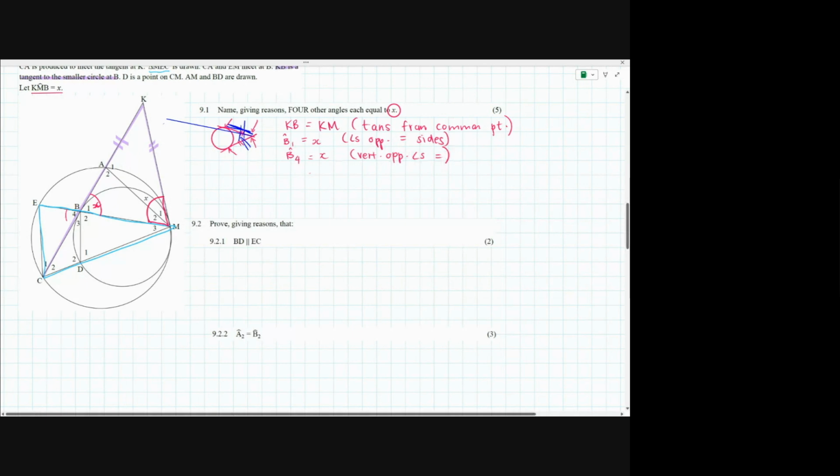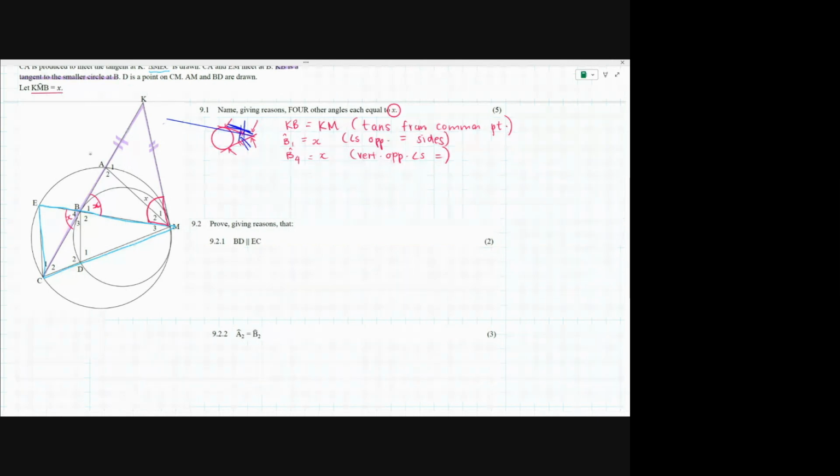Okay. And now this is where your tangents come back into play. We need to think of our tan chord theorem. Now, I'm going to be honest, I sometimes struggle with tan chord theorem to see it, but there we go. Lovely. Okay, so C2. Hang on.